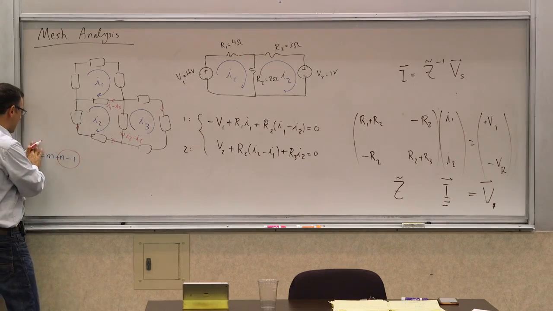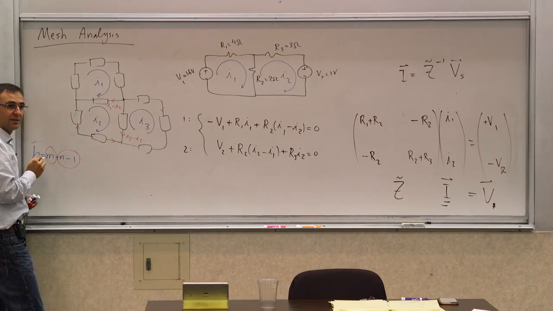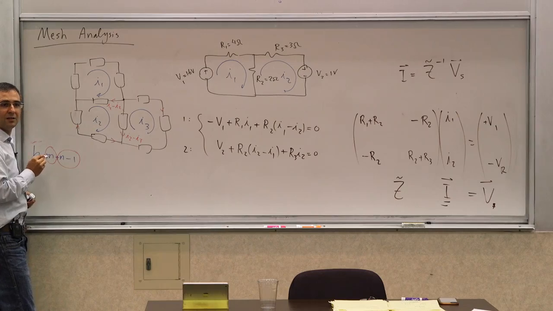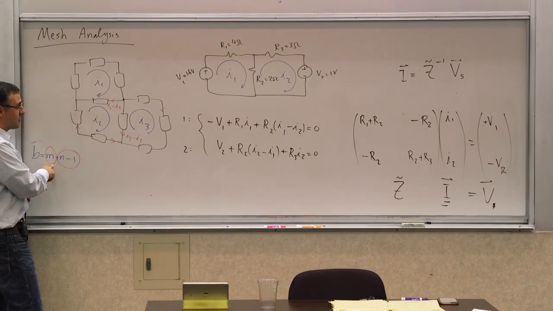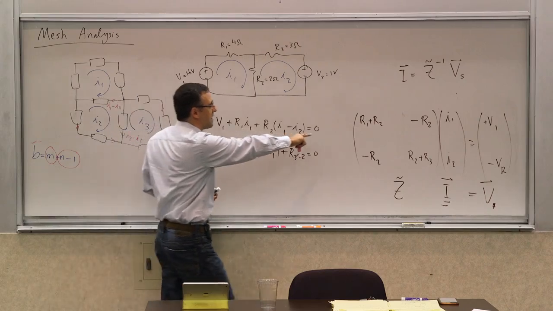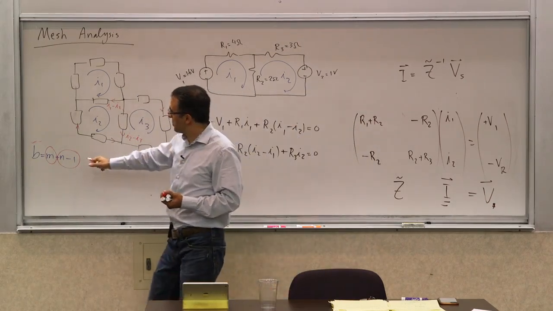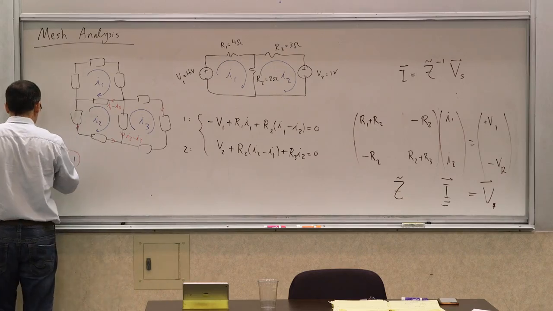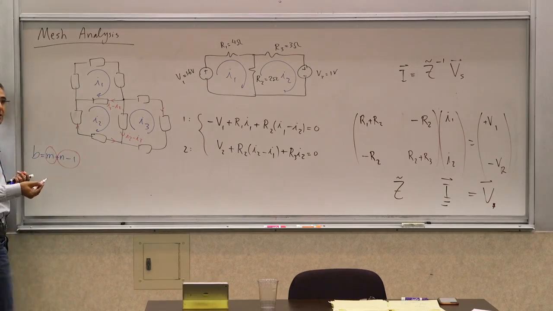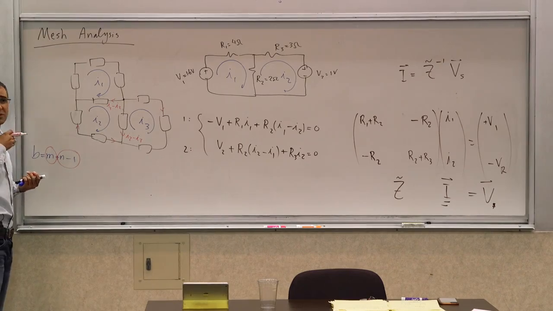This is the number of meshes, right? Which is the number of equations, or the order of this matrix in the mesh equation. There is no relationship. It depends on the number of branches. So they don't have to be equal at all. In fact, in most cases, they aren't.